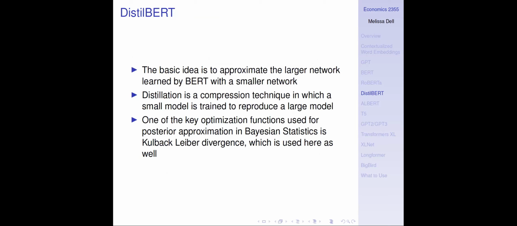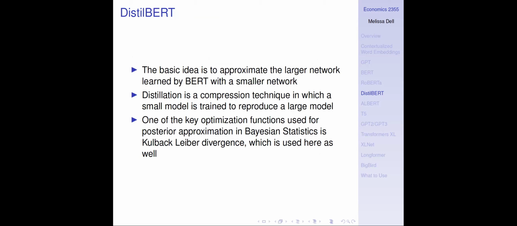I'm not going to go into any of the details, but the basic idea is that the model is trained to approximate the larger network learned by BERT with a smaller network. You already had BERT, so let's approximate that with something smaller. Distillation is a compression technique that you use to train a small model to reproduce a large model as closely as possible.